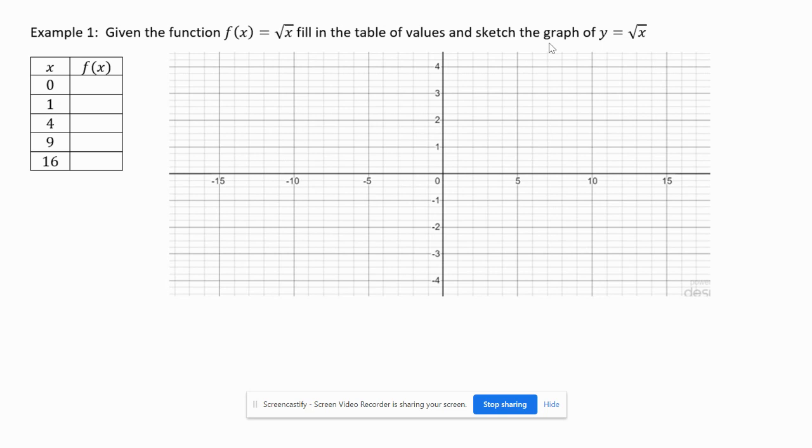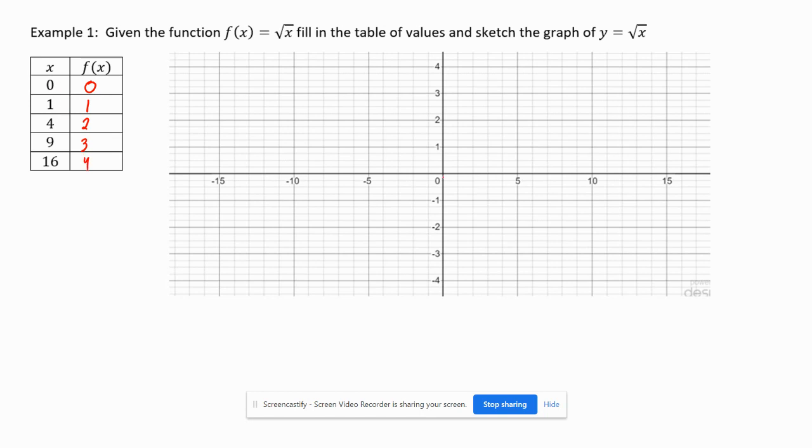This is what we call y equals square root of x, a radical function. So obviously, guys, for a radical function over here, we have some conditions. We're only allowed to take square roots of non-negative numbers. That means x has to be greater than or equal to 0 for this type of function. If I put in x equals 0, square root of 0 is 0, square root of 1 is 1, square root of 4 is 2. So these x values were chosen carefully because they're all perfect squares.